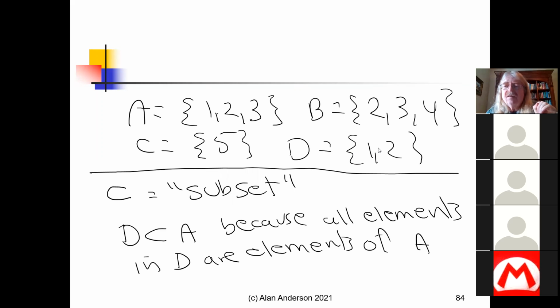Now, you can think of a lot of examples in the real world. For example, all the students in this class are a subset of the entire student body at SUNY Purchase, because everyone in the class is also a SUNY Purchase student.